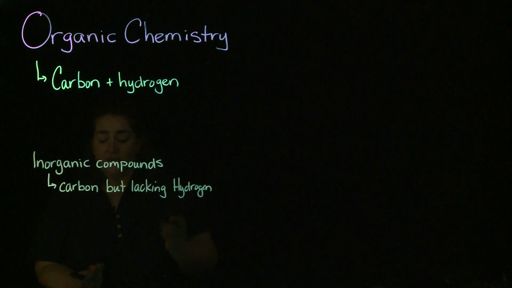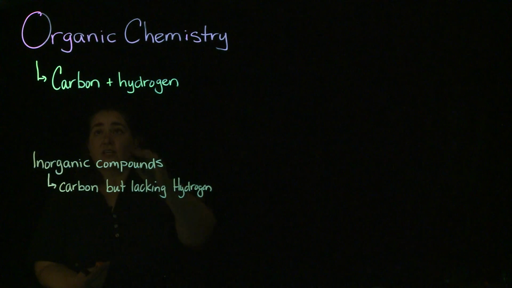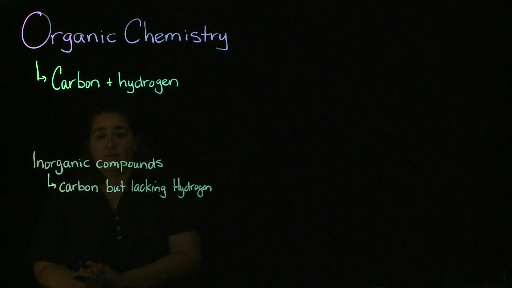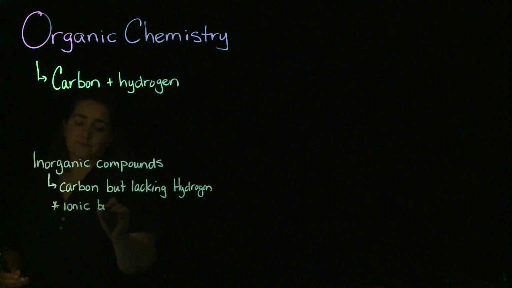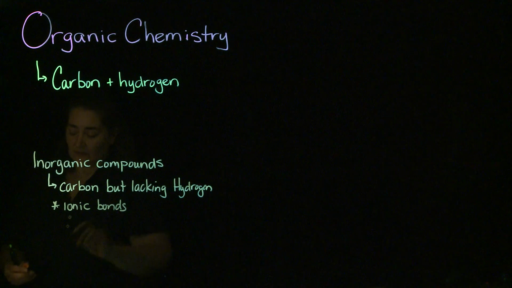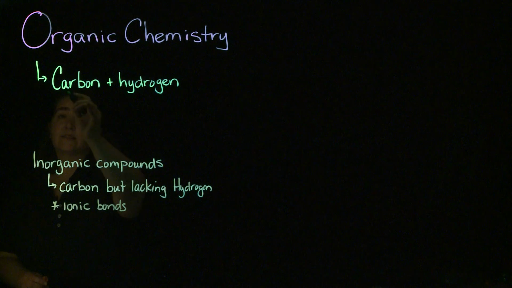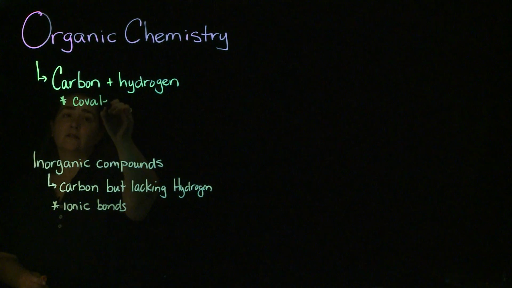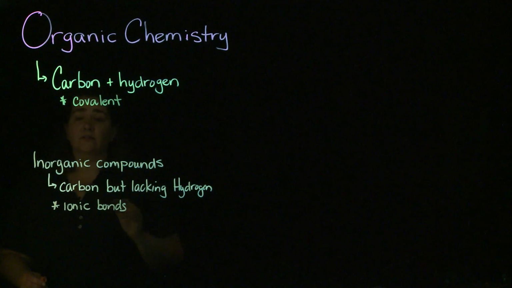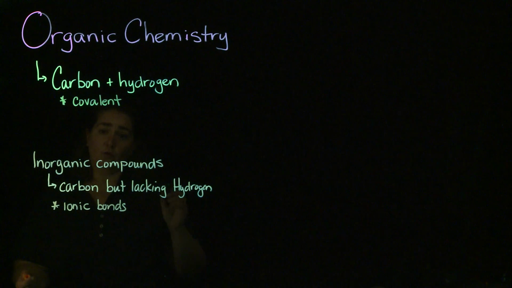All right, there are some other things that differentiate organic and inorganic. Okay, inorganic compounds, usually this is where we have our ionic bonds. Whereas organic, these are going to be covalent bonds that hold our elements together, okay?